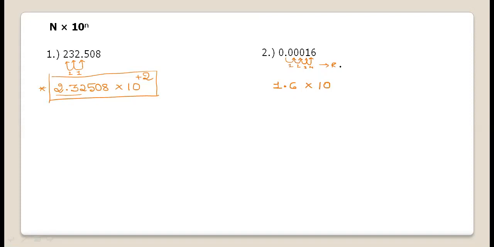As it is moved towards the right hand side, it is a negative sign. How many places has it been moved? It is 4 places. Hence, the scientific notation for 0.00016 is 1.6 into 10 to the power of minus 4.